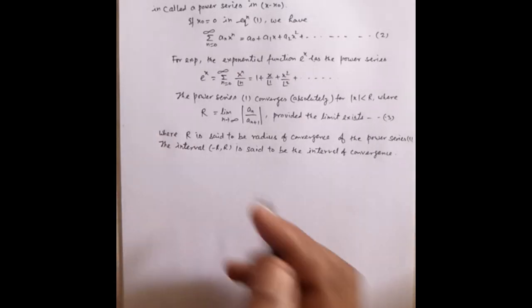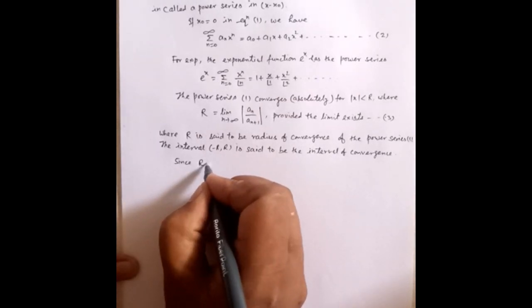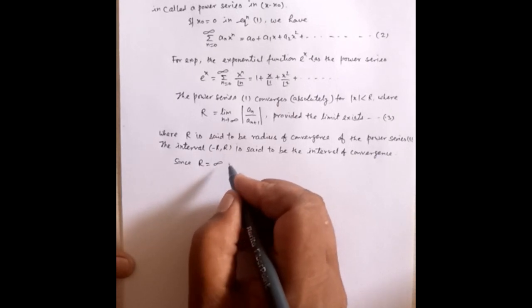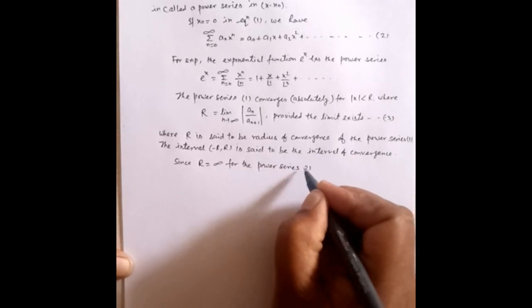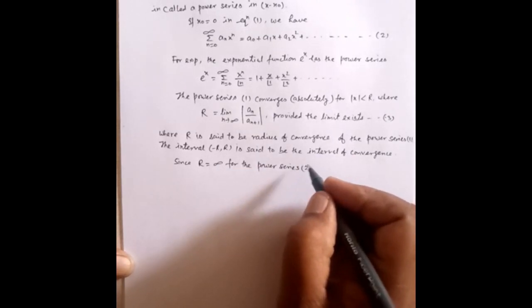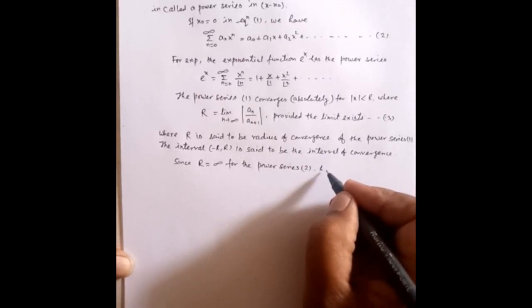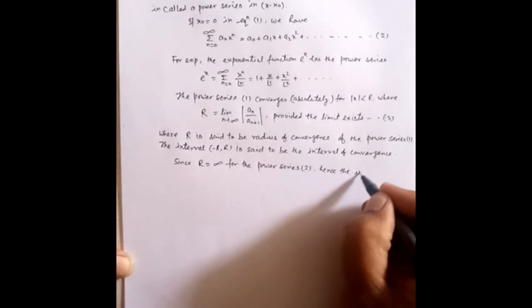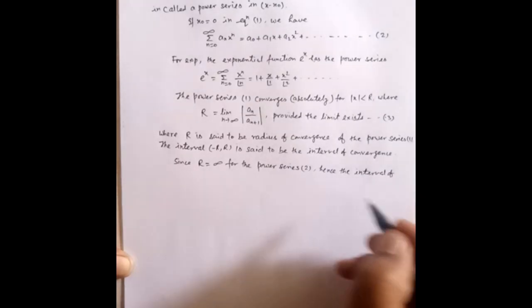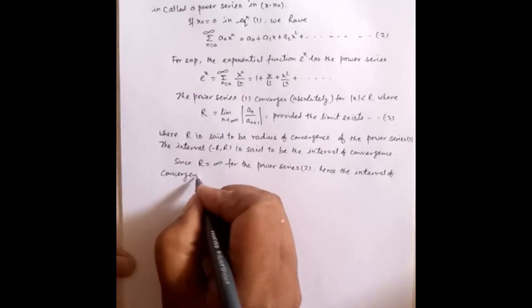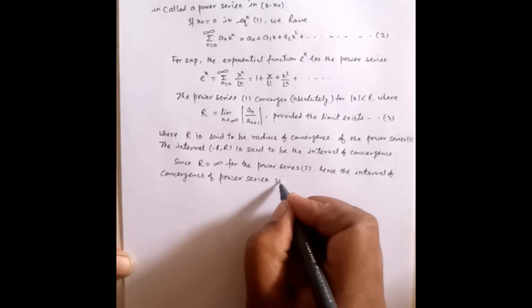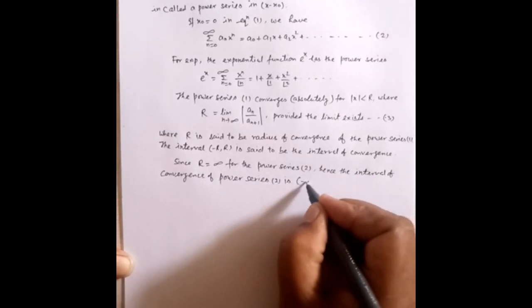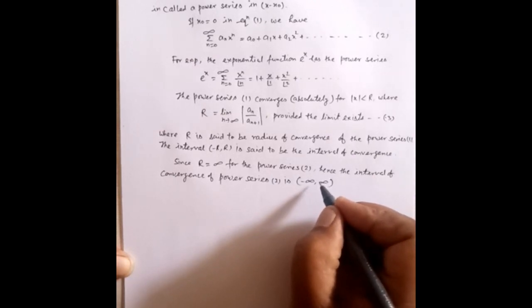Since R is equal to infinity for the power series 2, hence the interval of convergence of the power series 2 is minus infinity to plus infinity, that is, the real line.